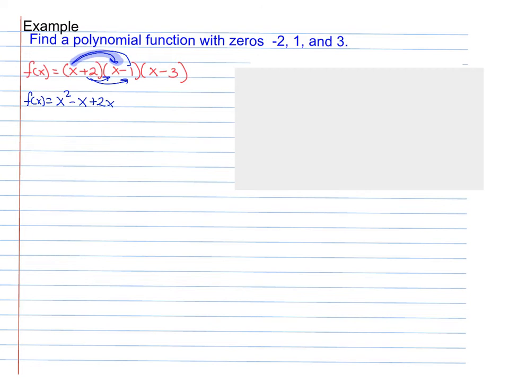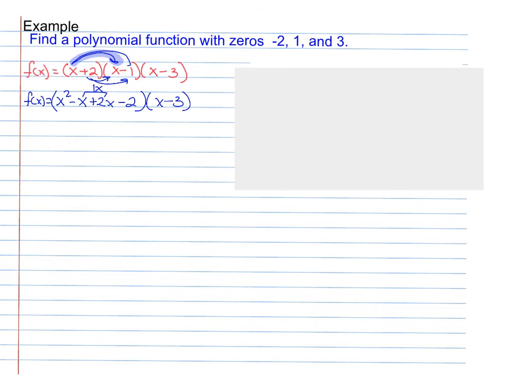And then we have a -2. We could combine these and make it a positive 1x if we don't want to rewrite the whole thing over. And then we're going to distribute this trinomial times the binomial.